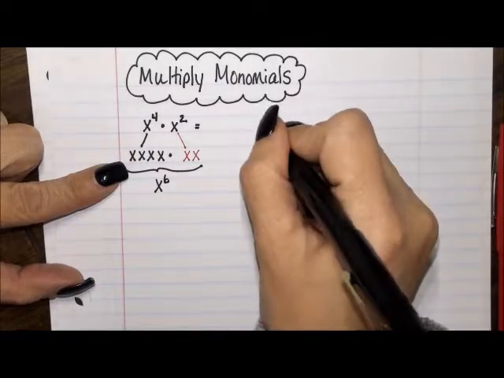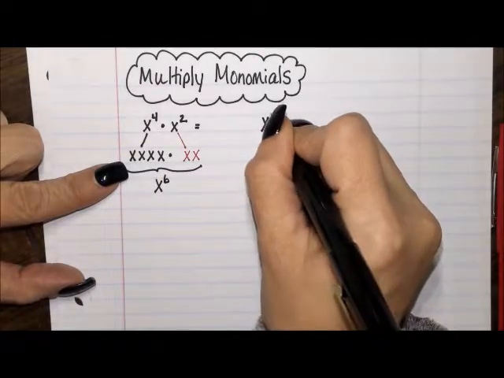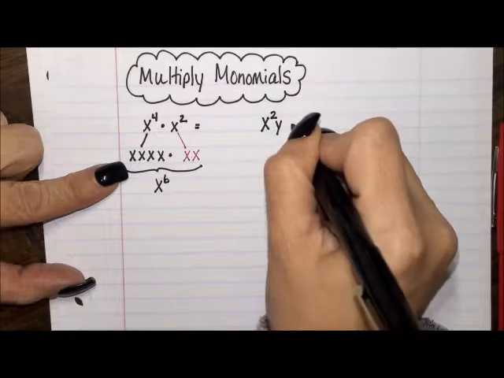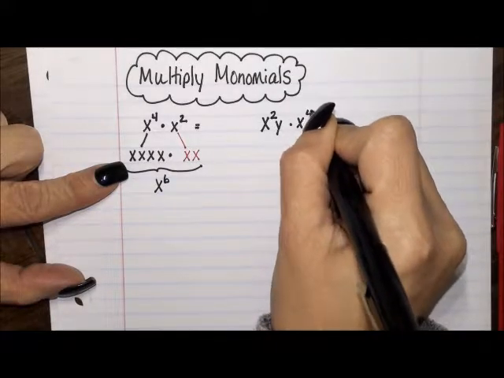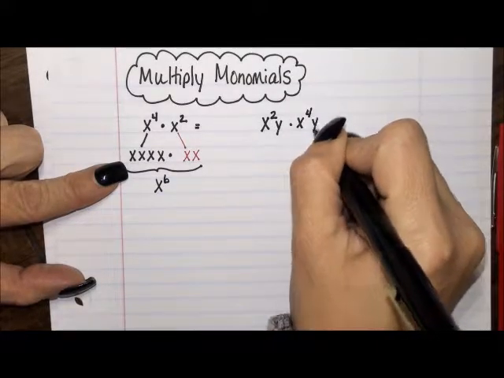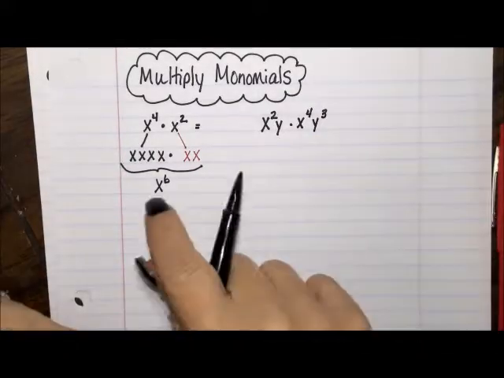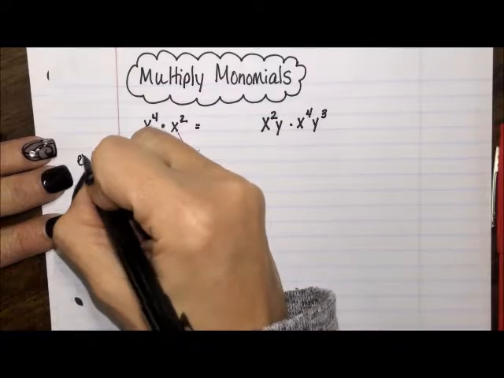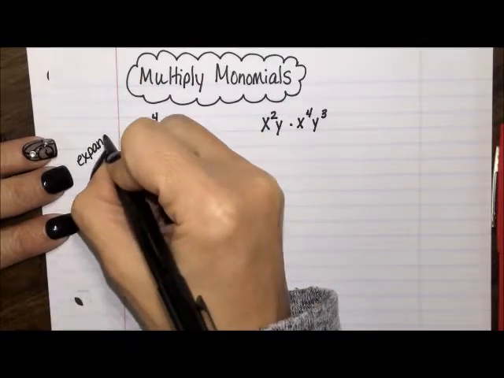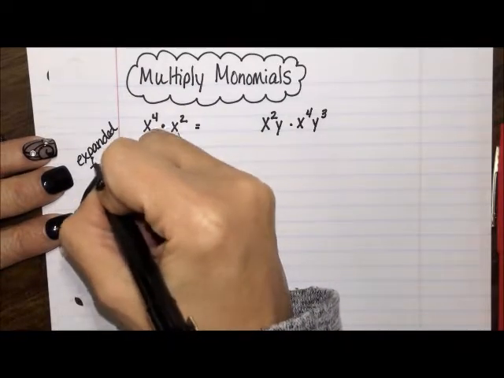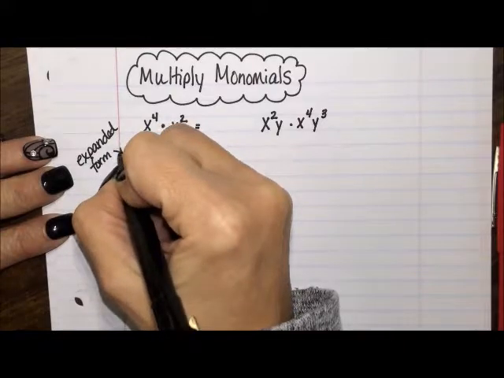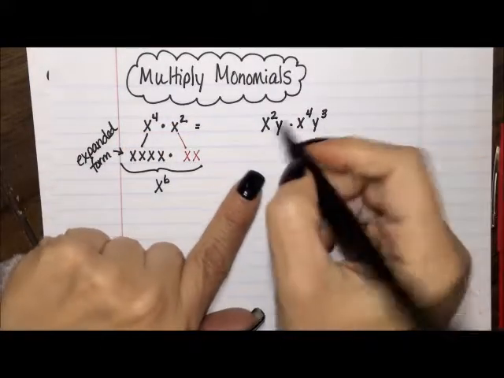Okay, well let's take this. What if I had x squared y times x to the fourth y to the 3rd power? Let's write this. This is called expanded form. Let's expand this out.